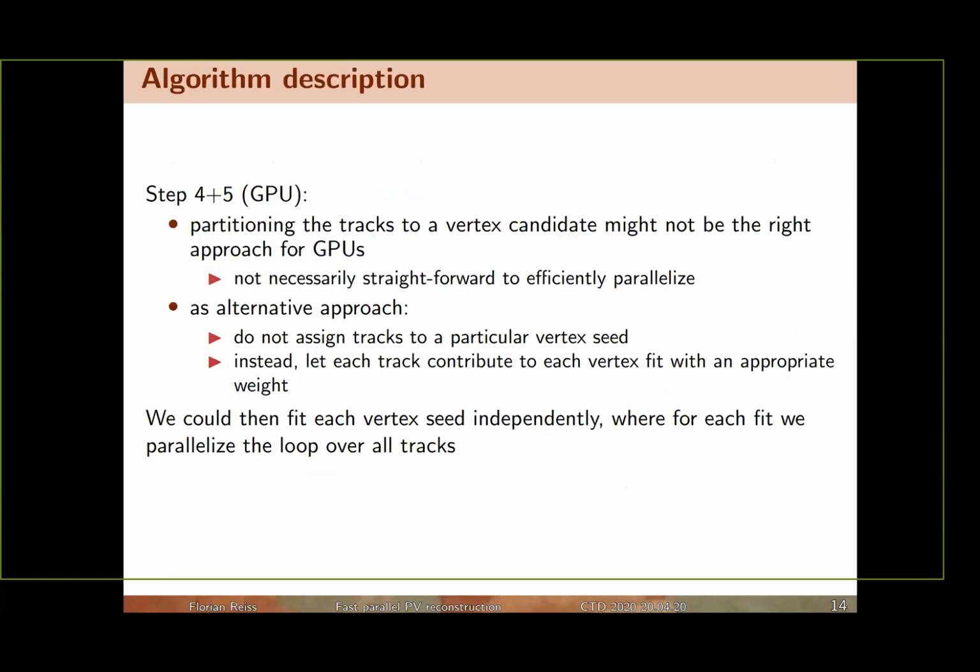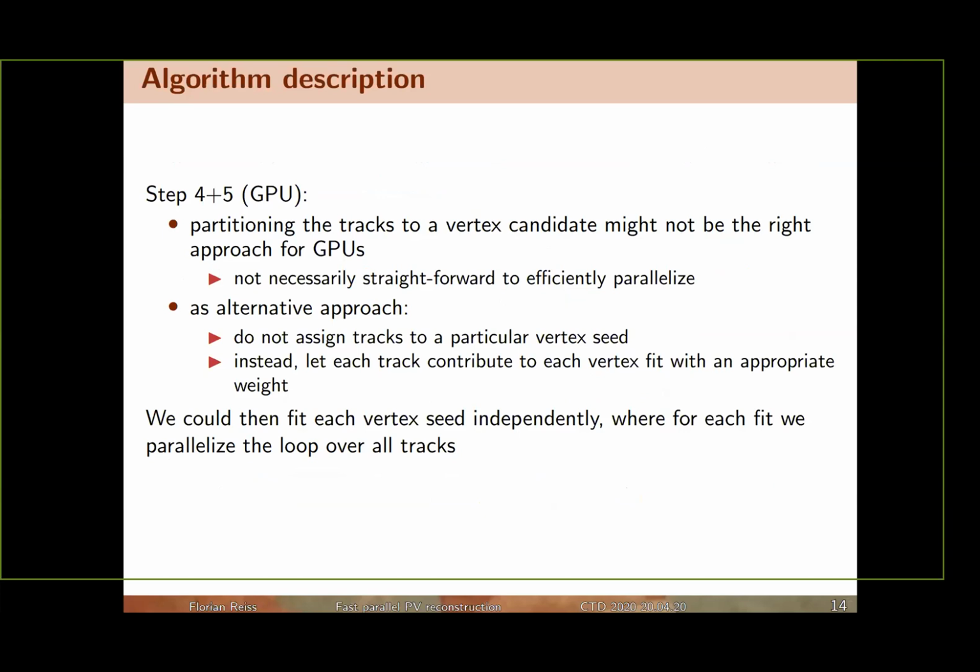Now, going back to the GPU. In a sense, we combined the last two steps. We thought that partitioning tracks to a certain vertex candidate might not be the right choice for GPUs because it might not necessarily be easy to efficiently parallelize.